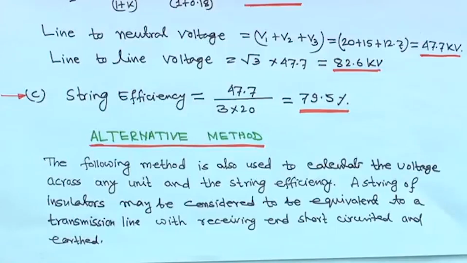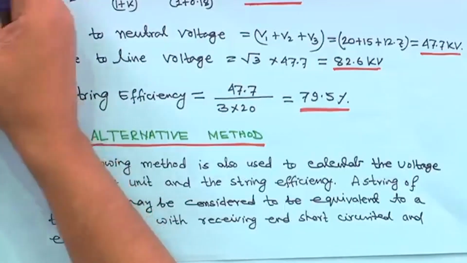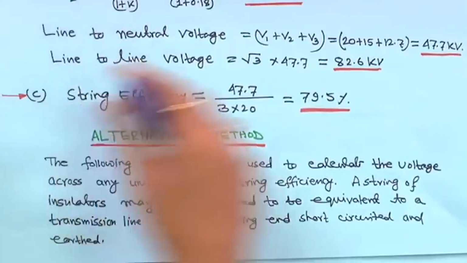That means rather than taking this conception, you can consider it a series of capacitances in a transmission line connected and short circuited at the receiving end, and the shunt capacitances are also there, as if it is something like line to ground capacitance, right. This way it can be imagined.